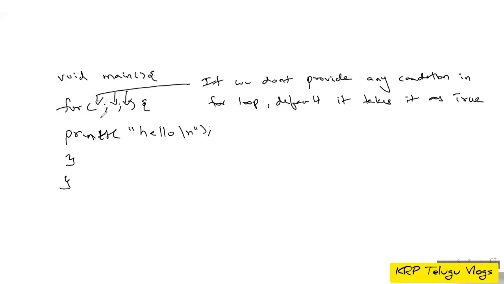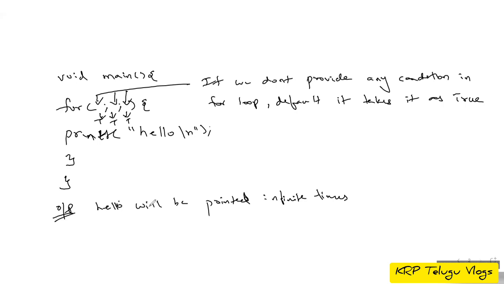So this one is true, and this one will be taken as true. So hello will be printed infinite times. Is that clear?